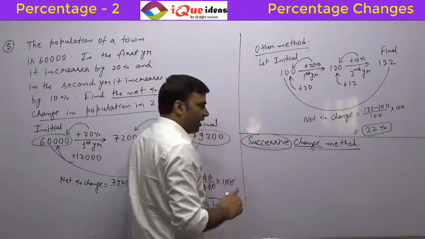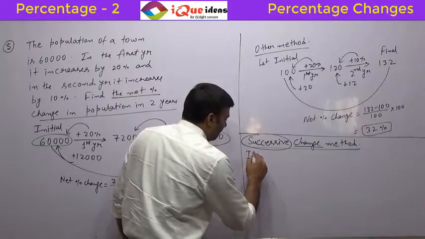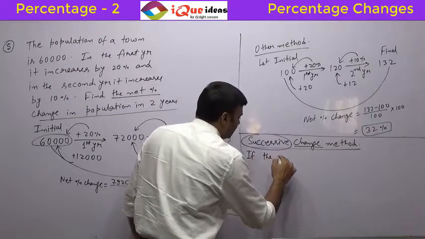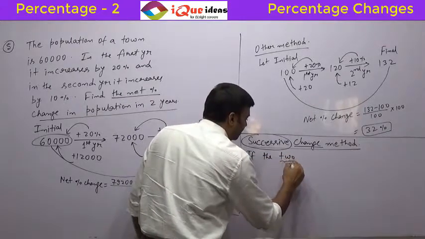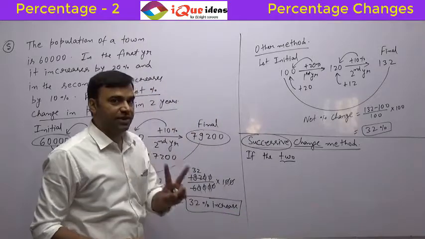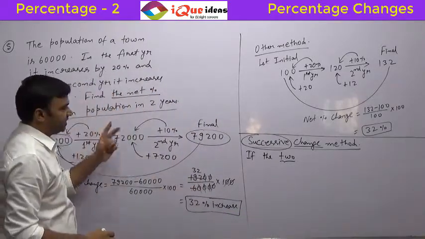How is it used? Look at it very carefully. Also one more thing, this formula can be applied only for two successive changes. As in this case, there are only two successive changes.